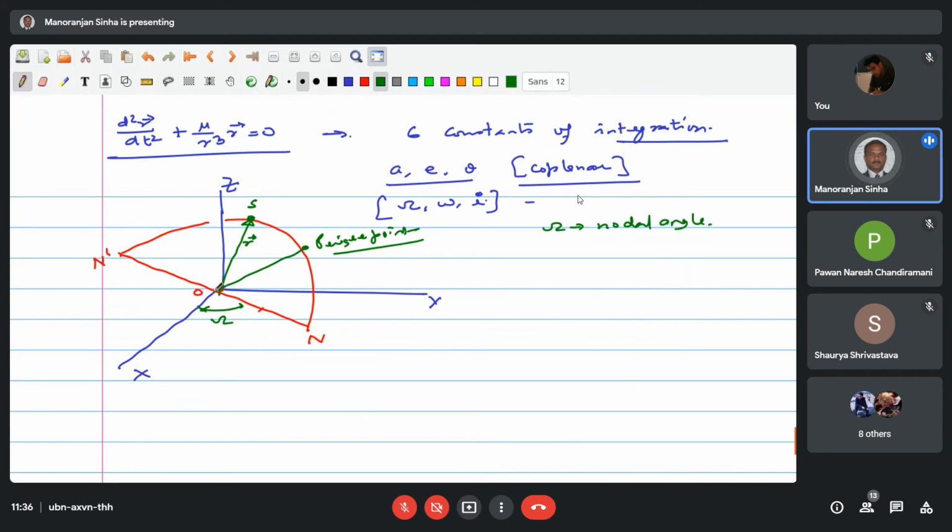Here the Earth is located at the center O, and the orbit is shown like this. The inertial frame located at the center of Earth means it's not rotating. Earth is rotating, but not this frame. This is capital omega. This angle from here to here, we write as small omega. This is called the argument of perigee.